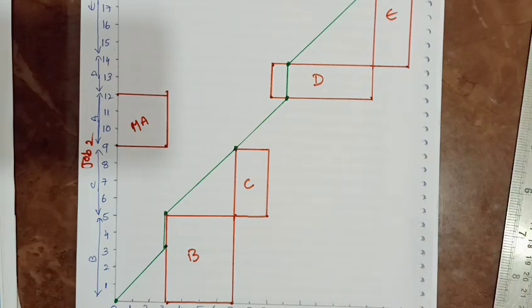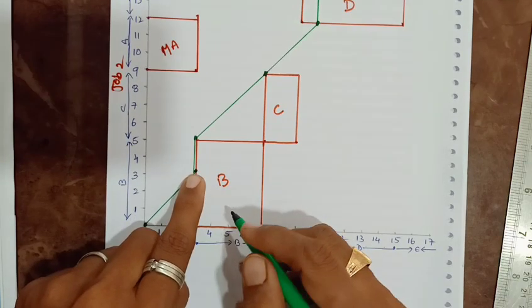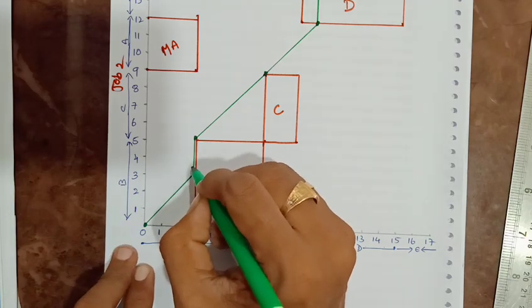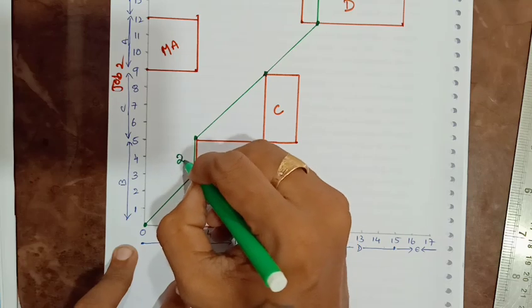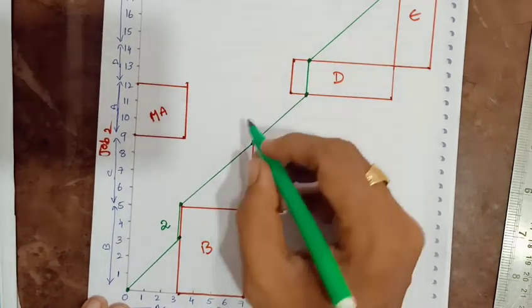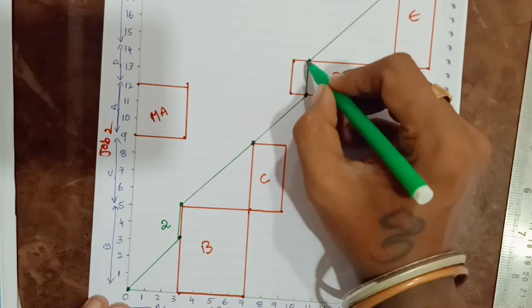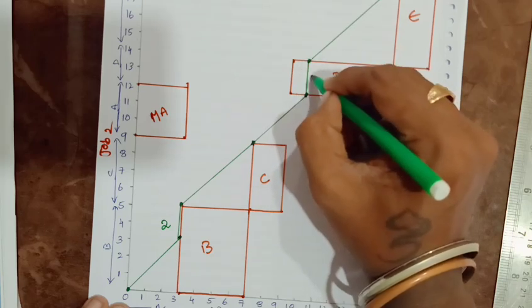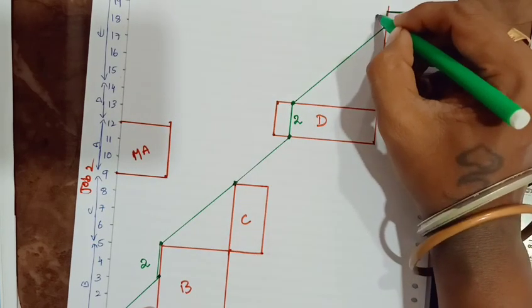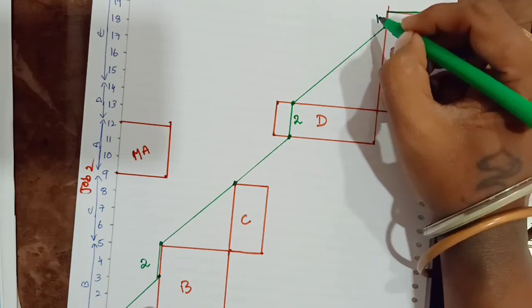So if we observe, here we have from 3 to 5 there is a vertical move. So here we can identify there is 2 units, and here 12 to 14, that is again 2 units, and 19 to 20 there is 1 unit.